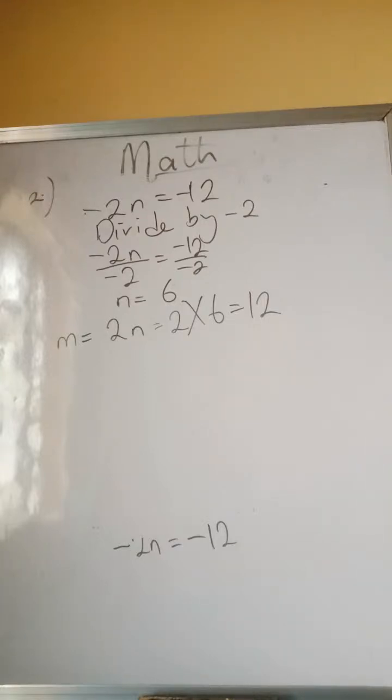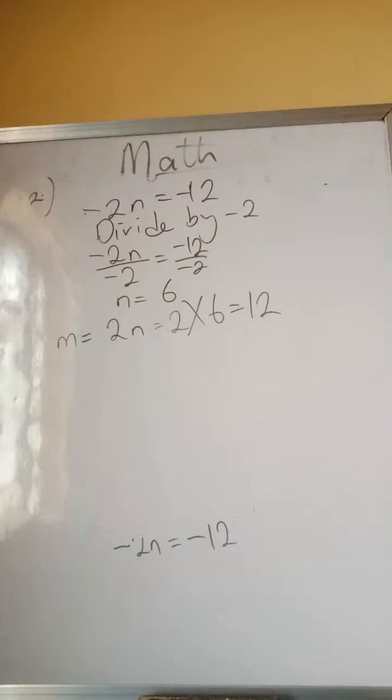Now the question says, when will the sum of their ages be 66? When will the sum of their ages be 66? Now let's take the number of years that we take for the sum of their ages to be 66.